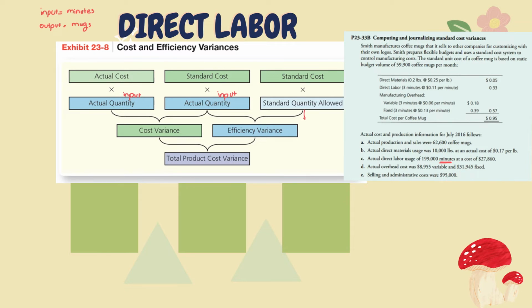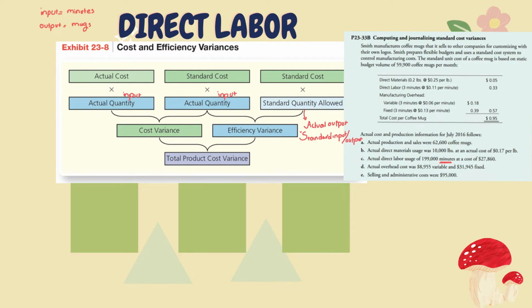And to find standard quantity allowed, I need to multiply actual output or mugs by standard input per one output.